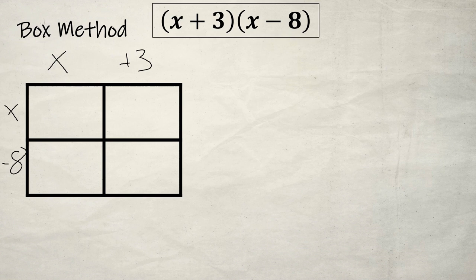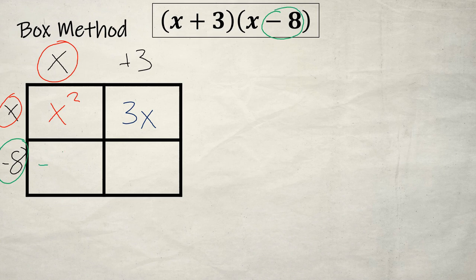Okay, so we have our x times x gives me x squared. X times positive 3 gives me 3x. X times negative 8. So this minus sign here goes with that 8. That's important. So x times negative 8 gives me negative 8x.